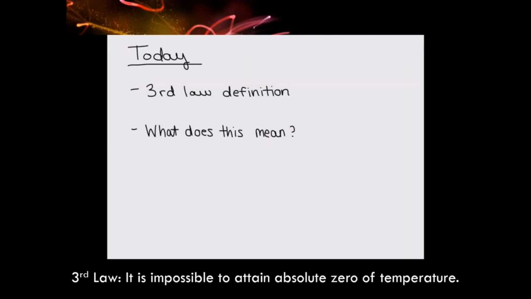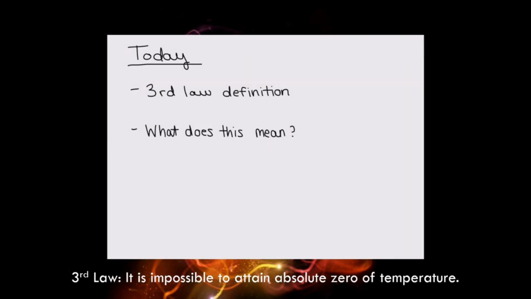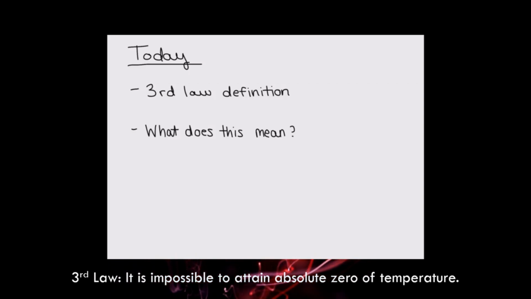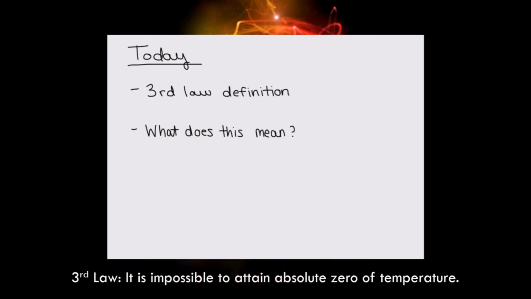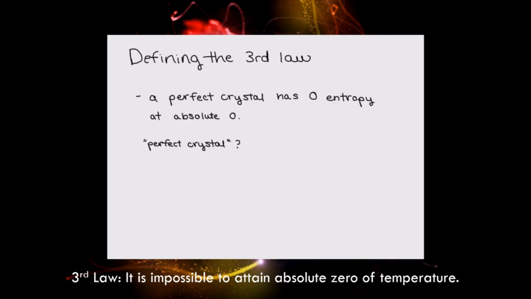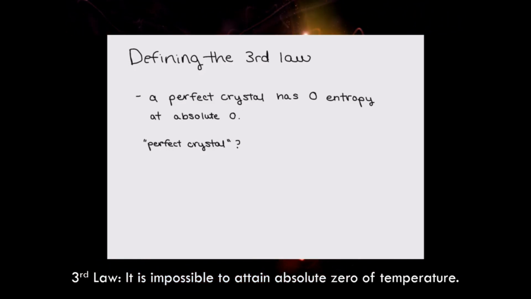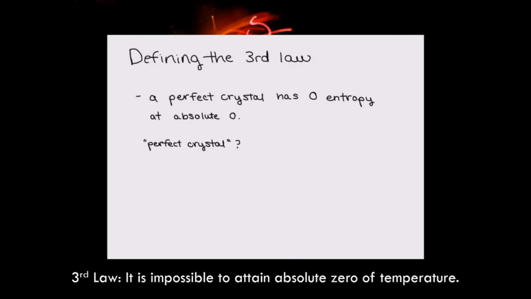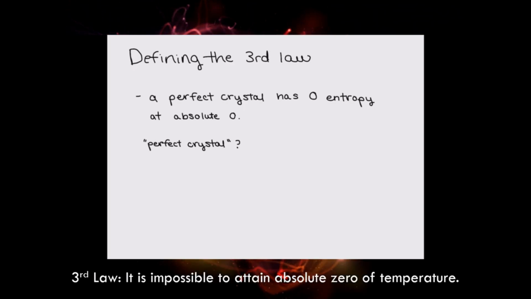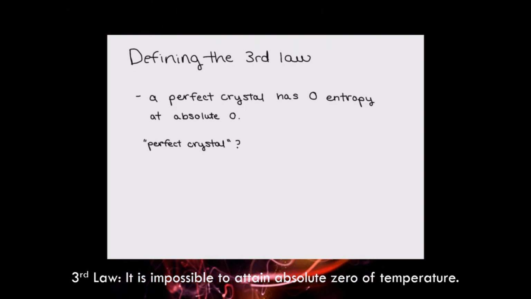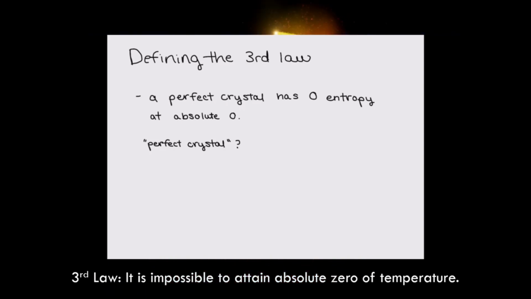Third law of thermodynamics. Let's start by defining the third law. The third law of thermodynamics states that a perfect crystal has zero entropy at absolute 0 Kelvin. A perfect crystal is defined as a substance that is perfectly ordered. At 0 Kelvin, there would be no vibrations within its bonds.